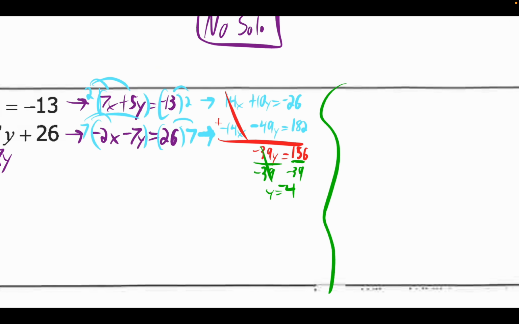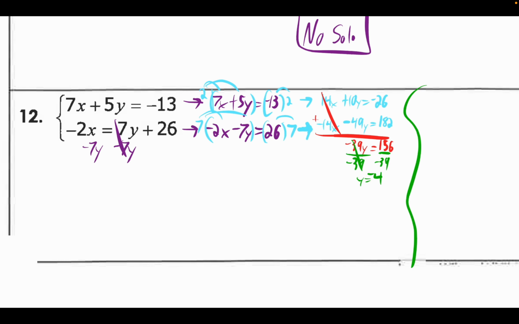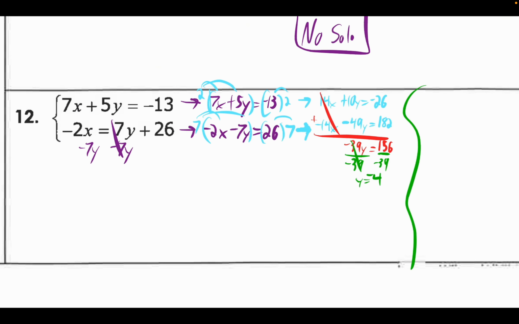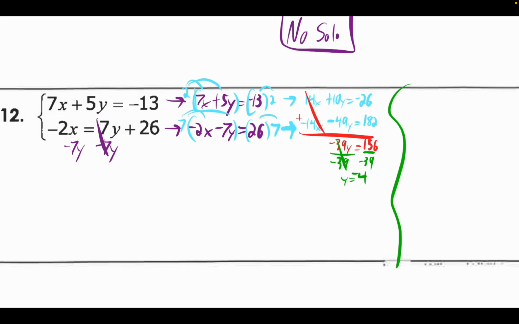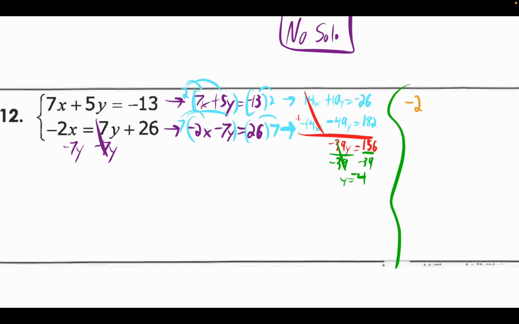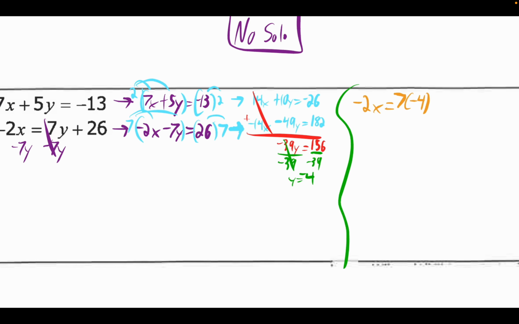So I plug that into any of my equations, purple or black. I'm going to plug it into my bottom equation originally, because it's already kind of solved for x. Not exactly, but close. So I get negative 2x equals 7 times negative 4 plus 26.